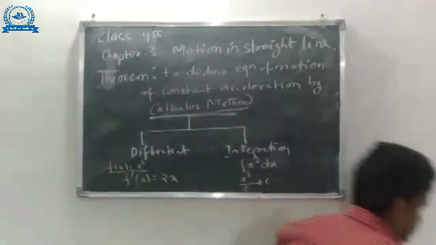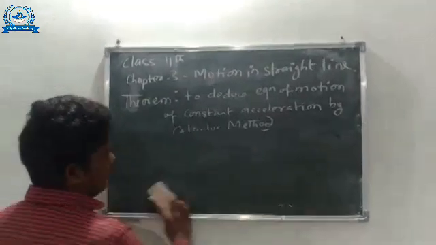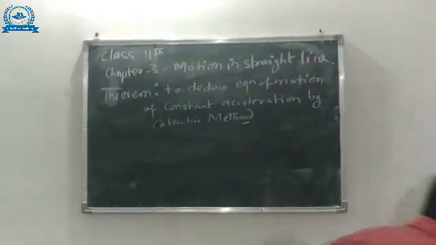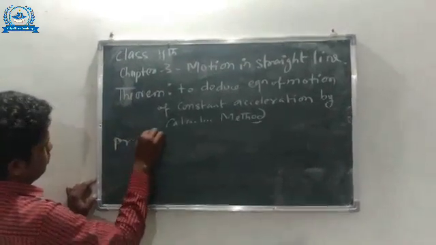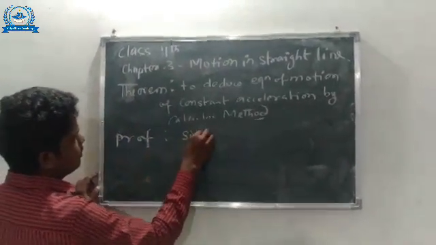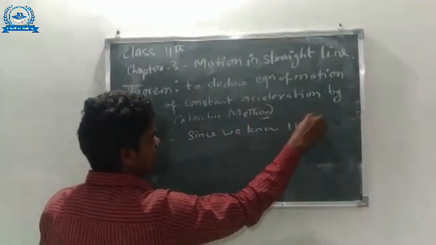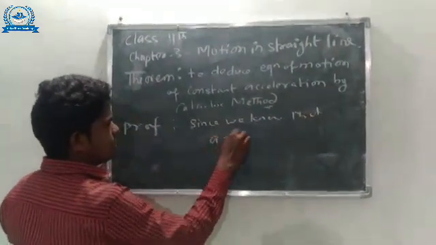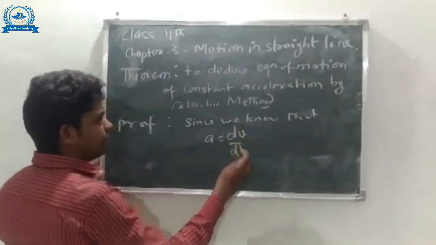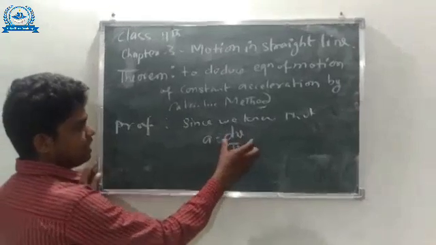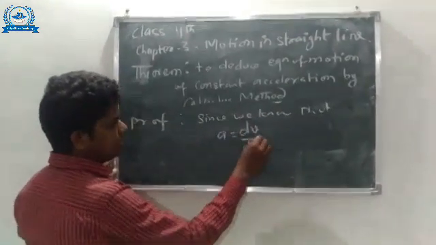Okay, so let's see the proof. Since we know that acceleration is nothing but dv upon dt, the change in velocity of any object upon the change in time.